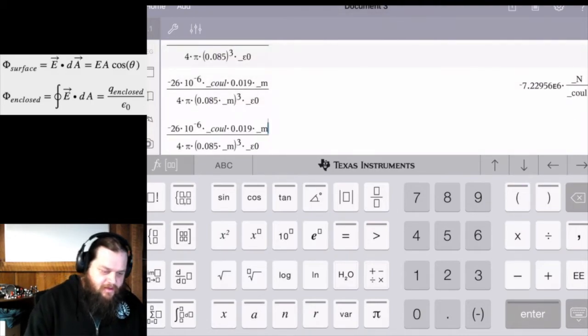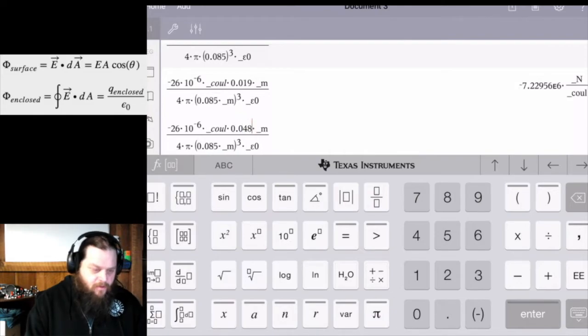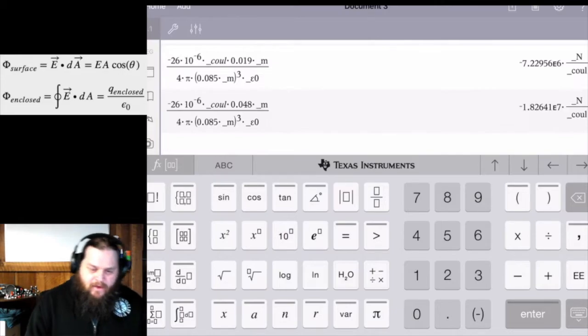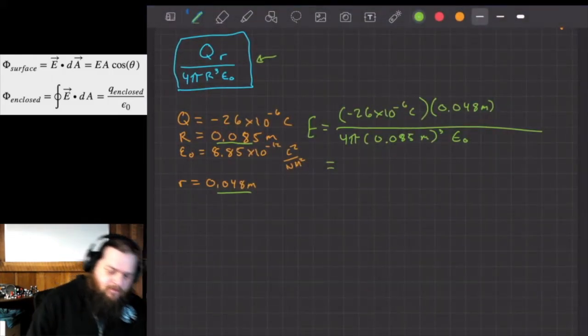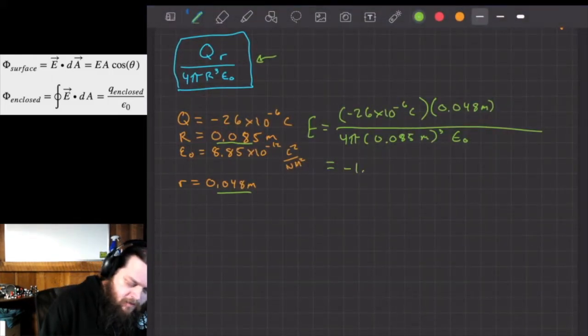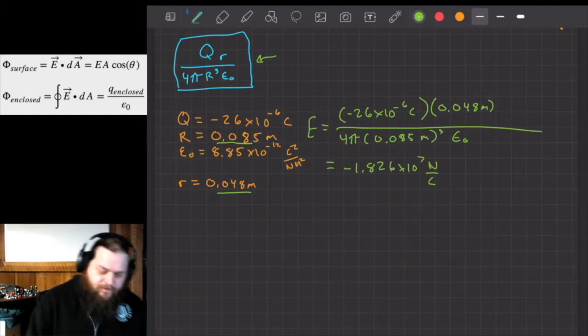Just going to paste this down, and the only thing that's really changing is this value here to 48, if I remember right. Yeah. So that gives us negative 1.826 times 10 to the 7 newtons per coulomb.